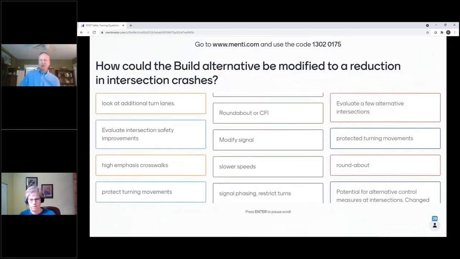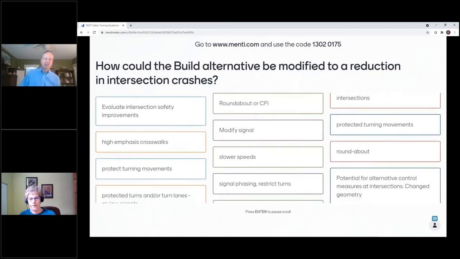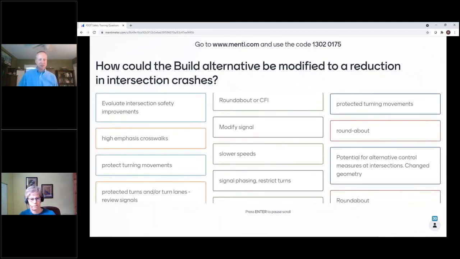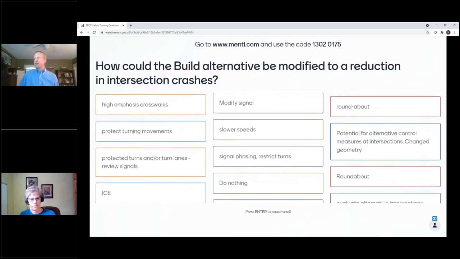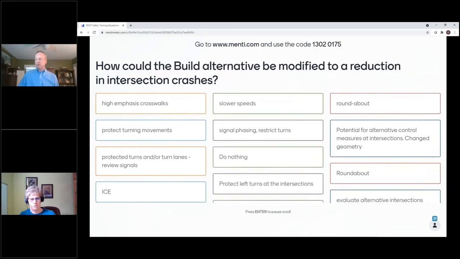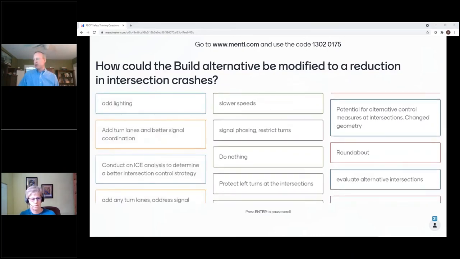All right. So I got a number of good options here, and actually I'm going to go with protected turns or turn lanes, protected turning movements. I'm going to pull around the revised build model.